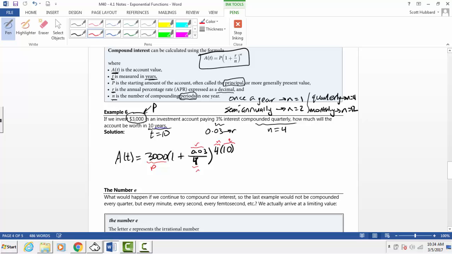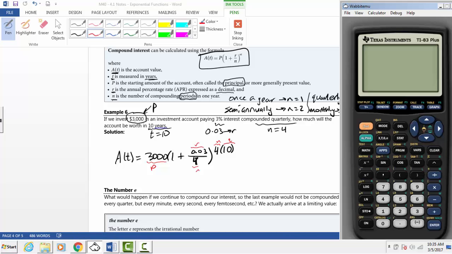Okay, now we just got to do this in our calculator, so hop over there, and you can plug it in straight away, which is really nice. You can just do 3,000 times 1 plus 0.03 divided by 4, raised to the power of, put that in parentheses, 4 times 10.